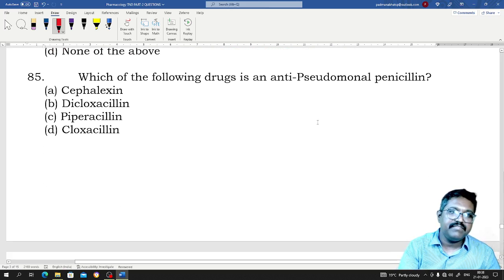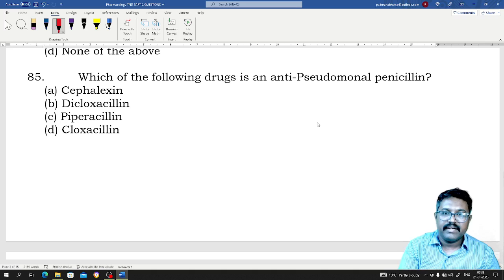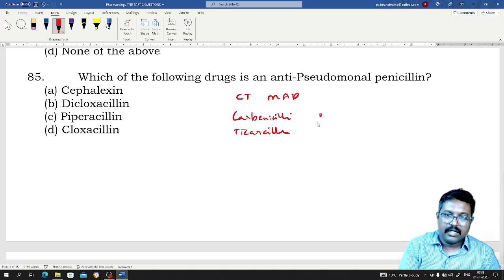Okay, 85th MCQ, which of the following drug is an anti-pseudomonal penicillin? So you need to remember CT MAP. C stands for carbenicillin, T for ticarcillin, M stands for mezlocillin, A stands for azlocillin, and P stands for piperacillin.